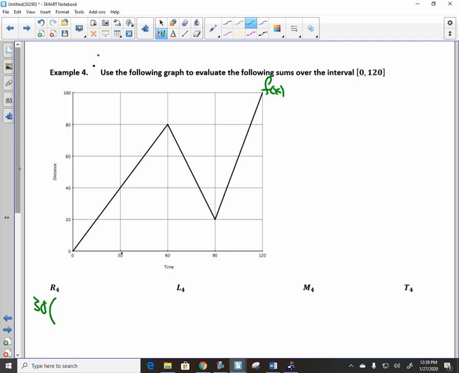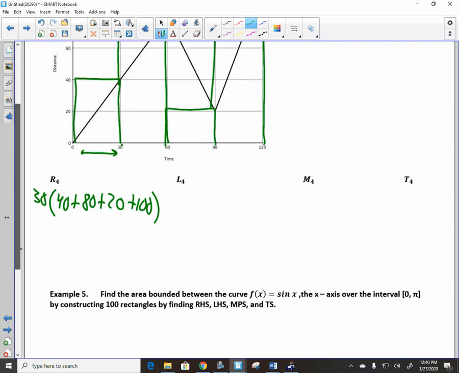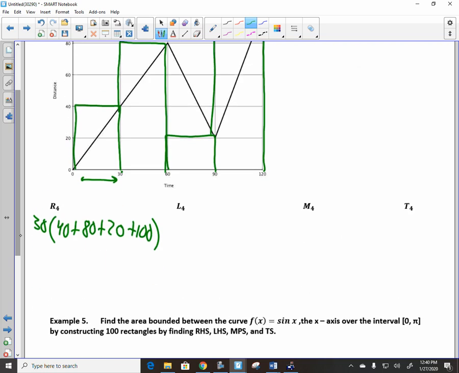So what is the height at the right hand of this interval? 40. 80. Good. 20. 100. So let's see, that's 100 there, so 200, 240, 240 times 3, so 7,200. Cool.